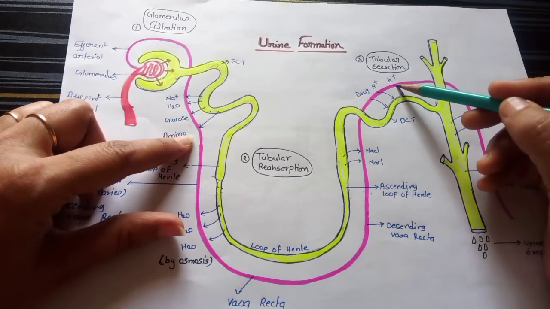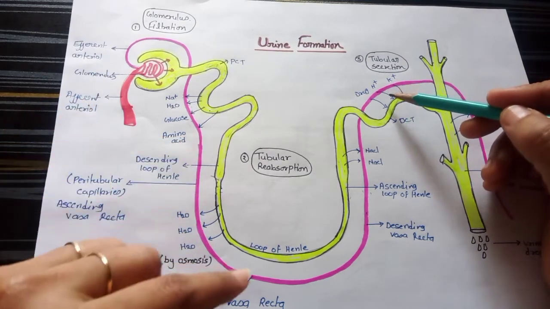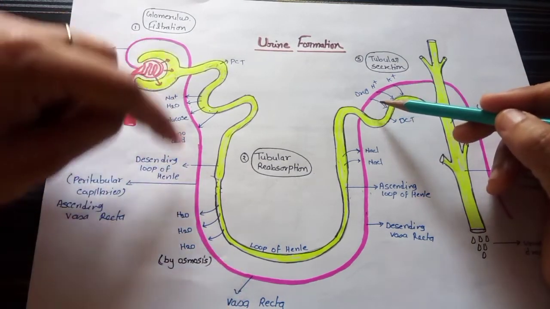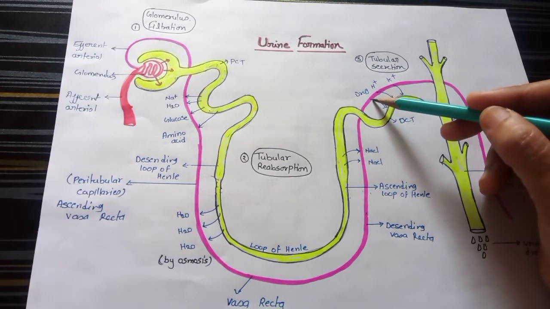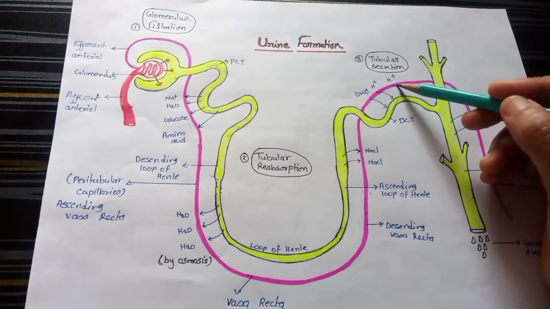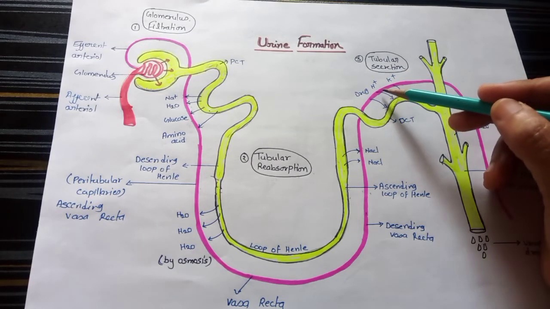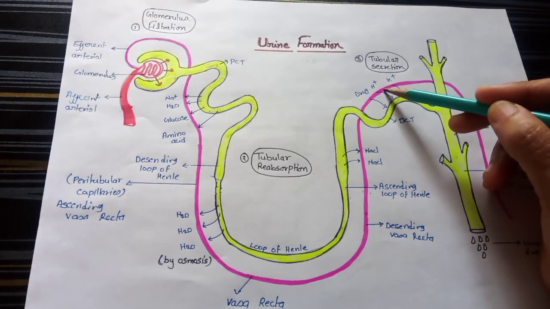Okay, so this vasa recta, as it enters near the loop of Henle, secretes all the excess drugs, hydrogen ions, potassium ions and ammonia from this tubule into the peritubular capillaries or vasa recta, so that the blood is completely filtered.